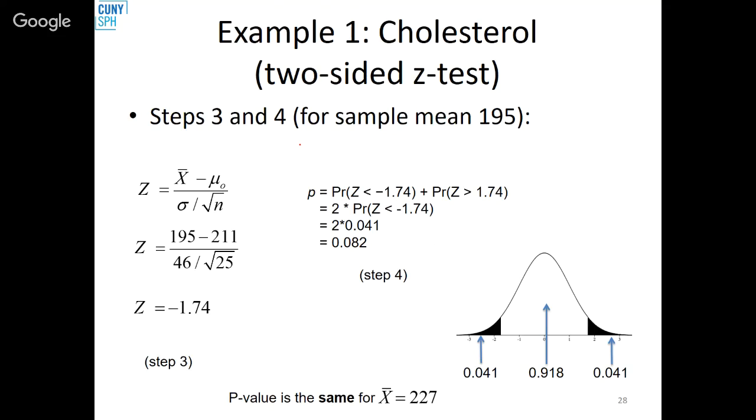The smaller that probability is, the less likely we were to observe this mean cholesterol by chance. So if we have a p-value of 0.001, we're going to reject the null hypothesis because it was really unlikely to observe it by chance. If we have a p-value of 0.08, we're not going to reject the null hypothesis because there's still an 8% probability that we could have observed this by chance. Yeah, great question.